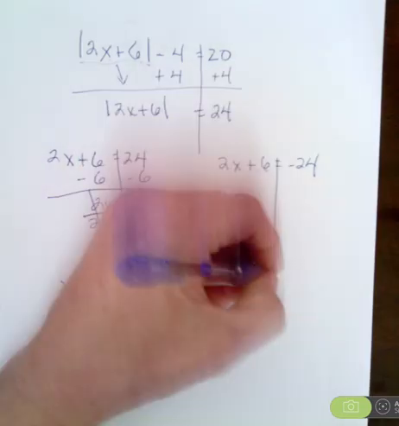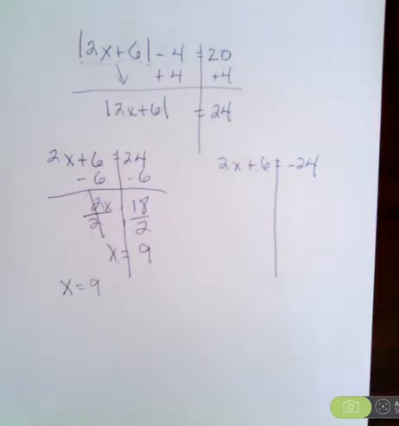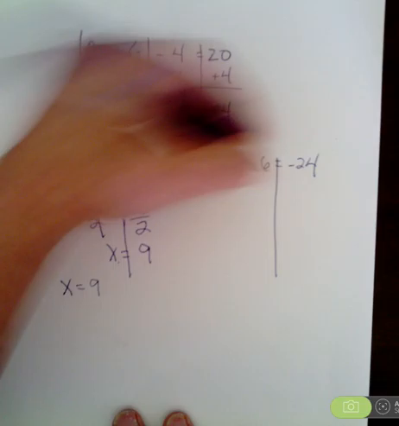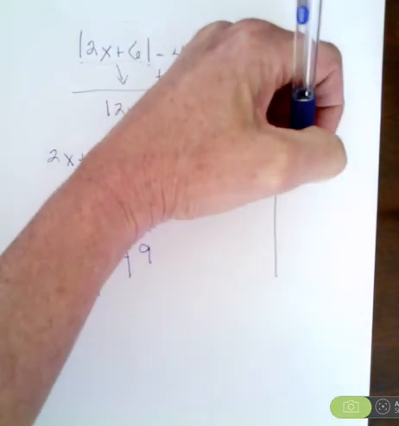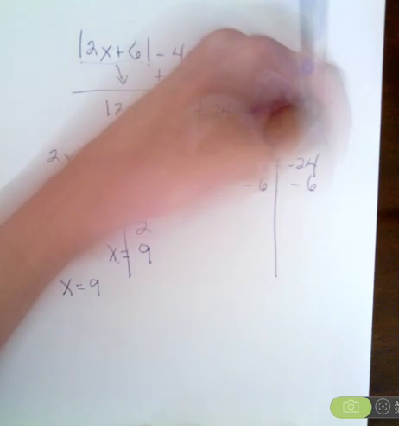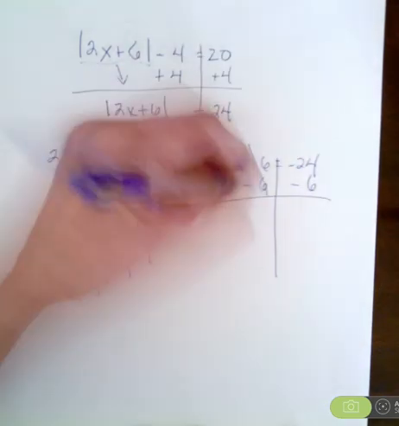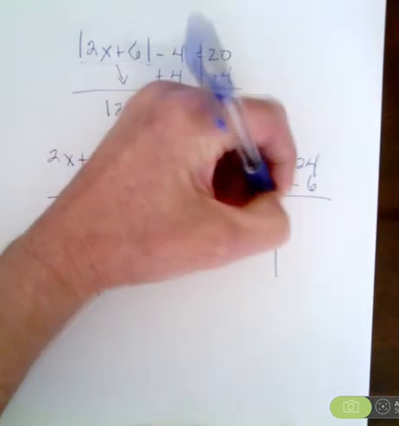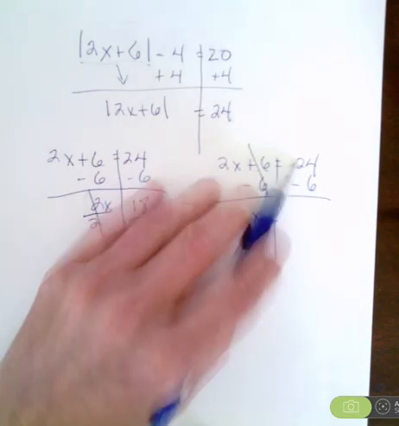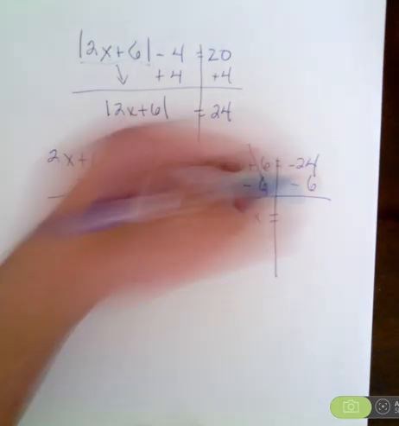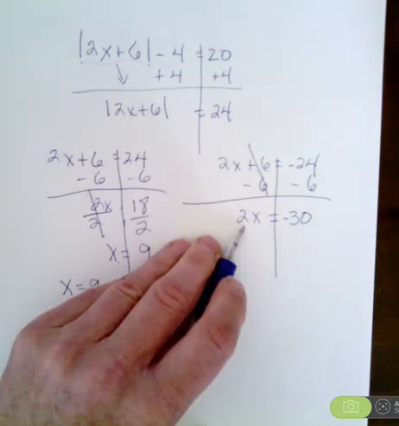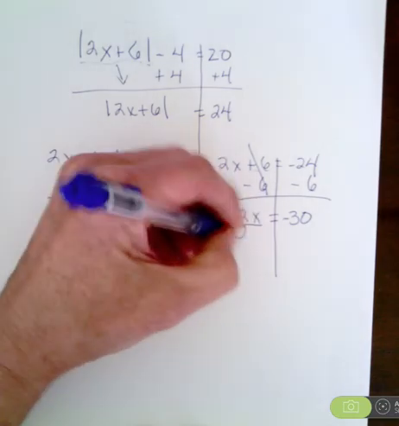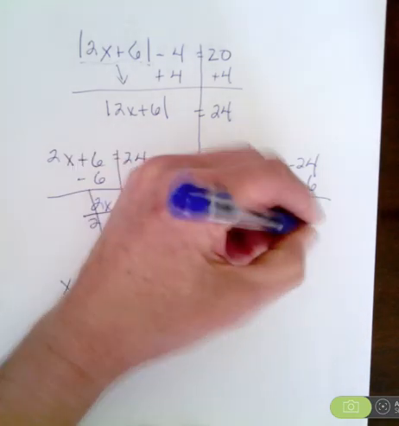Now I'm going to come over to the other problem, and I go through the same steps. I'm going to subtract 6 from both sides. Bring down the 2x, and negative 24 minus 6 is negative 30. I have to isolate the variable, so I divide by 2.